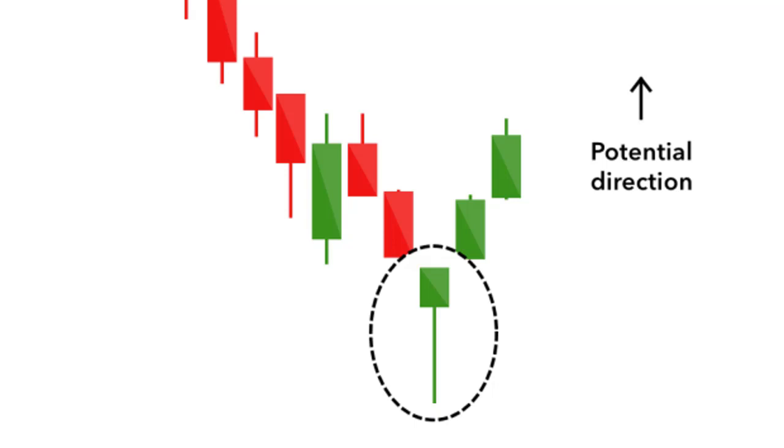So let's say this is a daily candle, and what it shows is that the price came all the way down here during the day, and at one point it was a really strong red candle, because remember the wick is where the price has gone in the past.